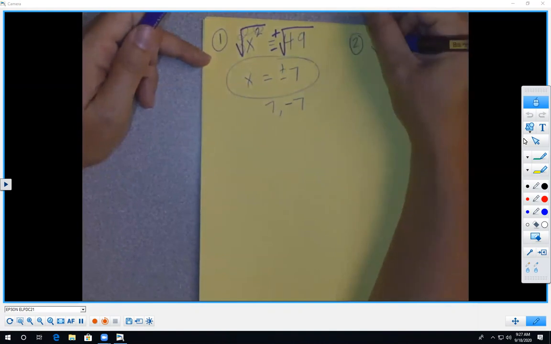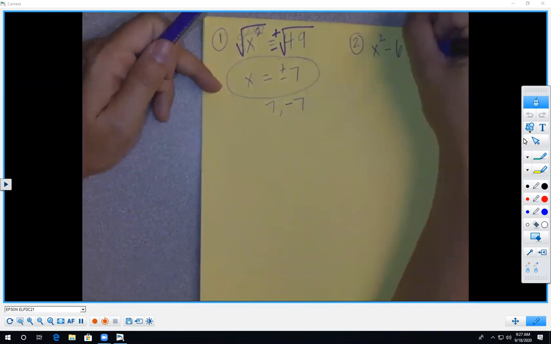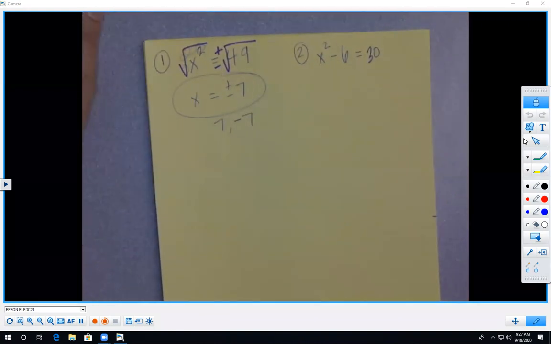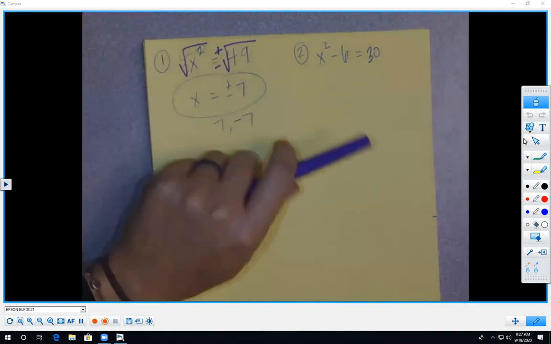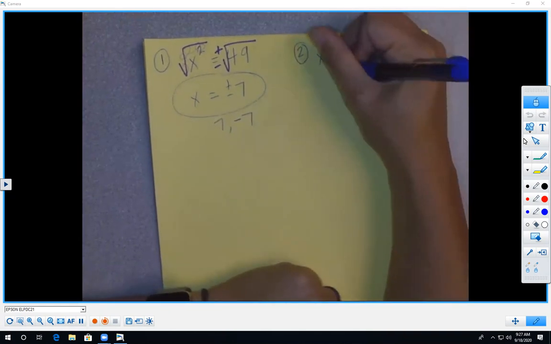What about if it was x squared minus 6 equals 30? Okay, how am I going to solve for x here? You have to add 6 first before you take the square root.